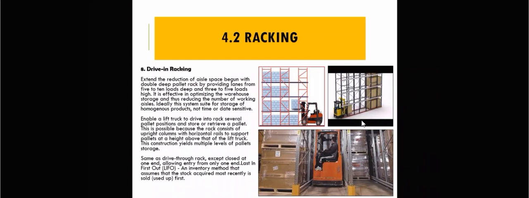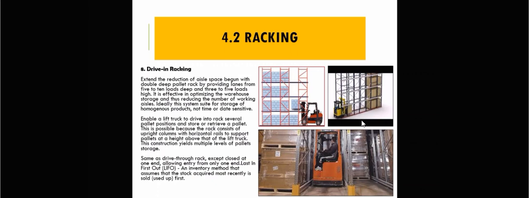Extend the reduction of aisle space begun with double deep pallet rack by providing lanes from 5 to 10 loads deep and 3 to 5 loads high. It is effective in optimizing the warehouse storage and thus reducing the number of working aisles. Ideally, this system suits for storage of homogeneous products, not time or date sensitive.